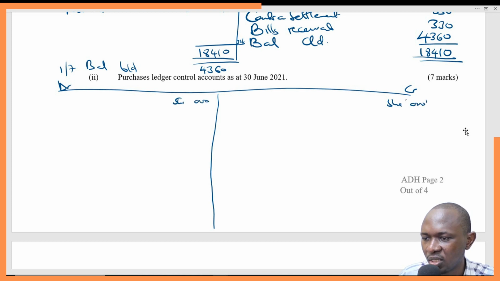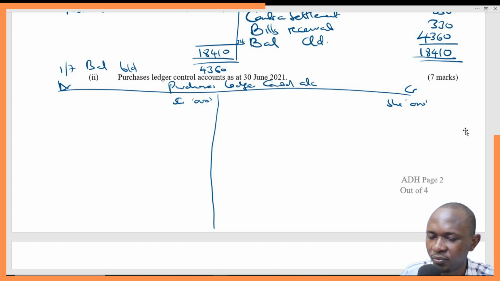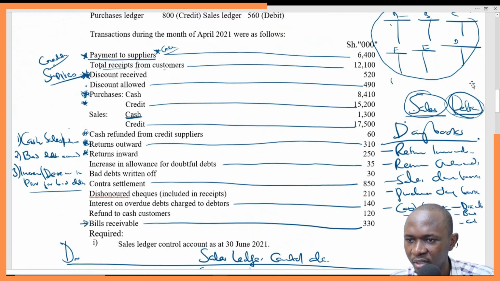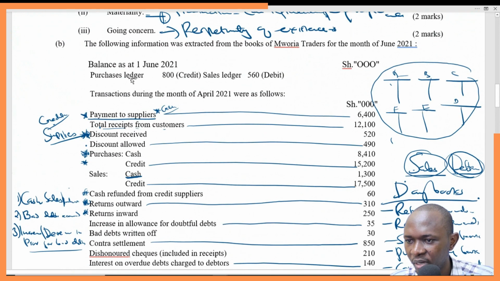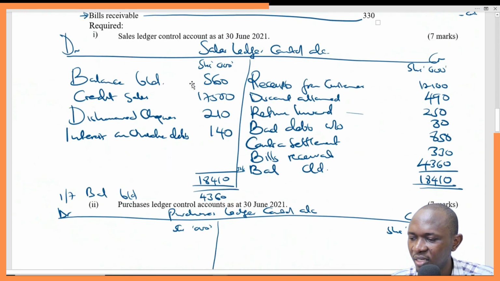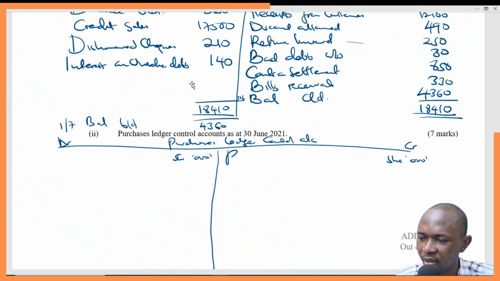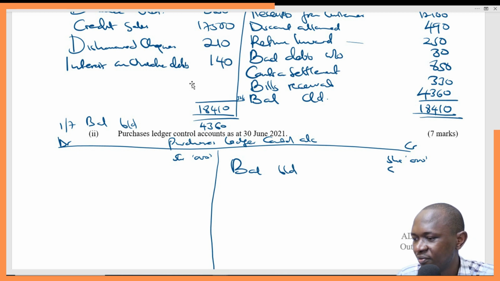Then we have the purchases ledger control account, and then we'll start following the instructions that we've been given. So purchases ledger credit balance of 800. Simply come here and say balance brought forward, of how much? 560.